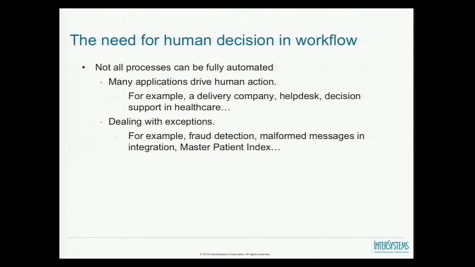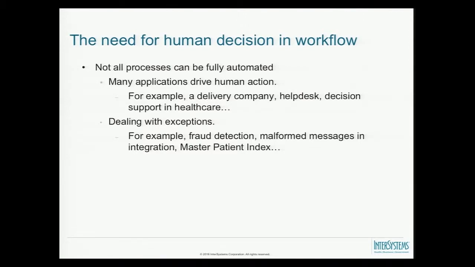If you work in the world of healthcare and you're using Ensemble, or indeed any integration engine, to link different applications together, one of the issues you might come across every now and again is malformed messages. You have messages flowing between different systems, like for example your laboratory system and some type of clinical system.